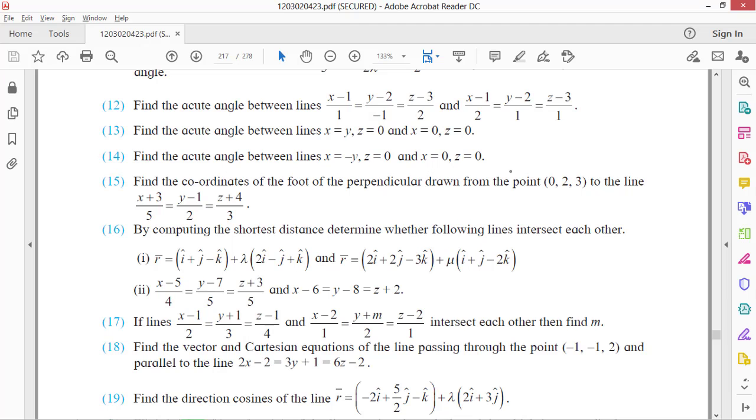So in these questions what we have learned is how to get the equation of lines if they are not in a standard form. Now in this case, this is the complete first line and this is the second line. I have already told you that if it is equal to 0, then its direction ratio is 0.